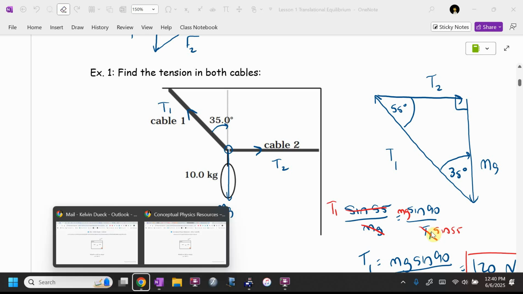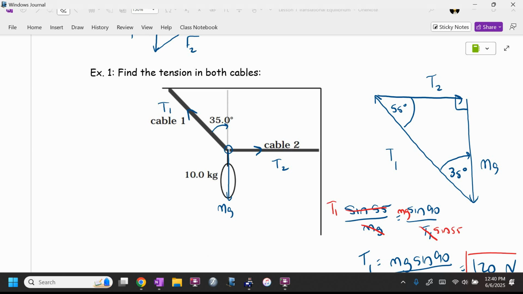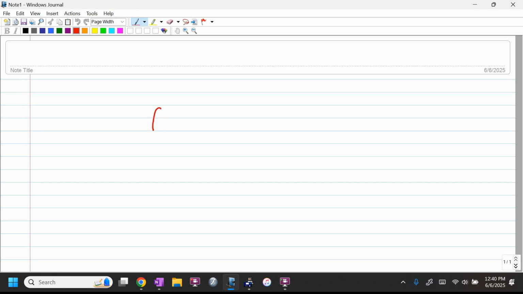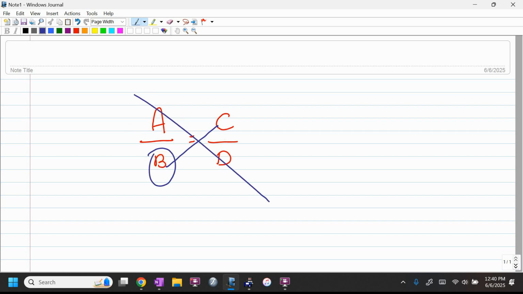If you want a real shortcut, if you have A over B equals C over D, which is what you're going to always have with the sine law, let's suppose you're trying to get that by itself. Diagonal divides, these multiply. It's going to be A times D divided by C. Let's suppose you want to get the A by itself.